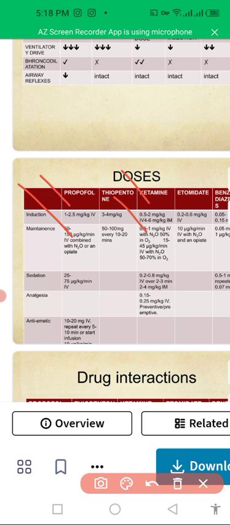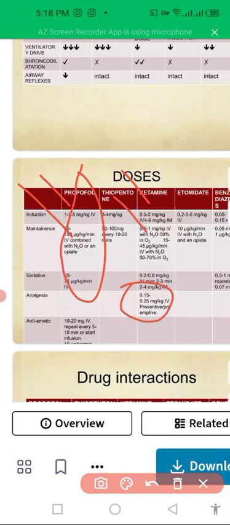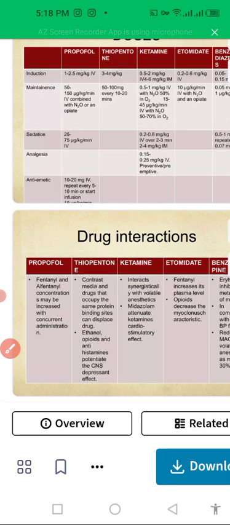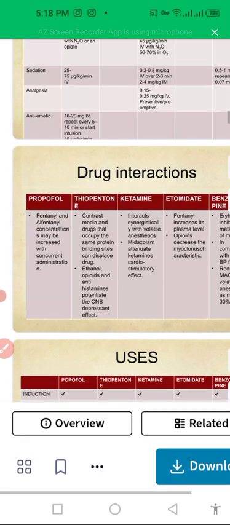For analgesia we do not give propofol; for analgesia we can give ketamine. There is also an anti-emetic dose of propofol, which is not very important. We can use metoclopramide for anti-emetic properties during surgery.